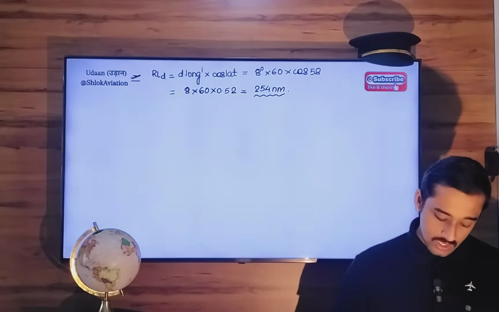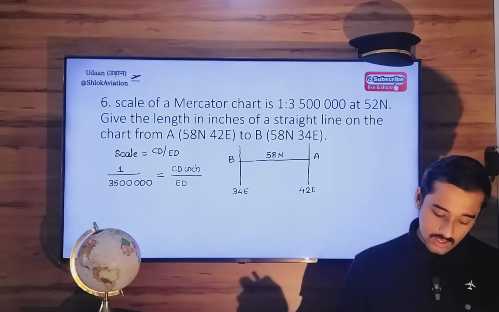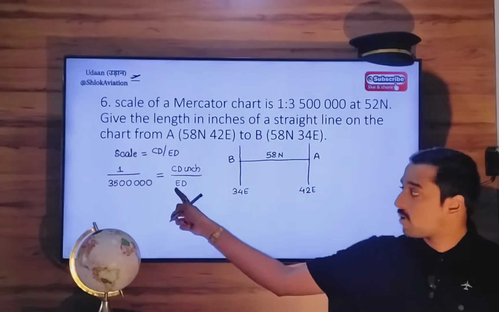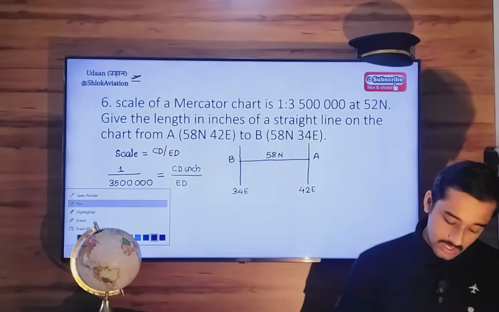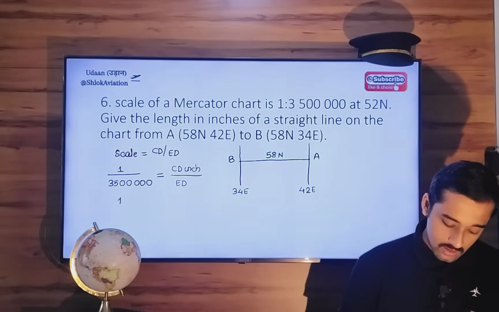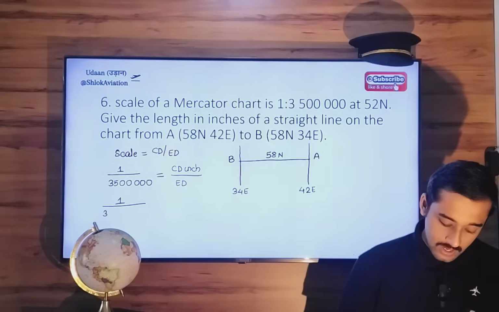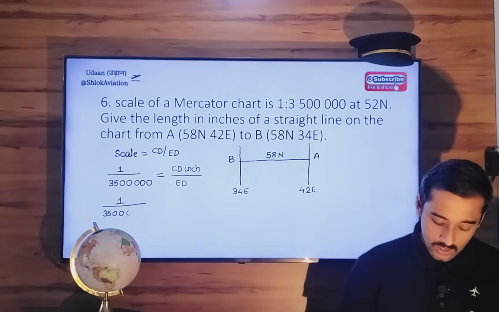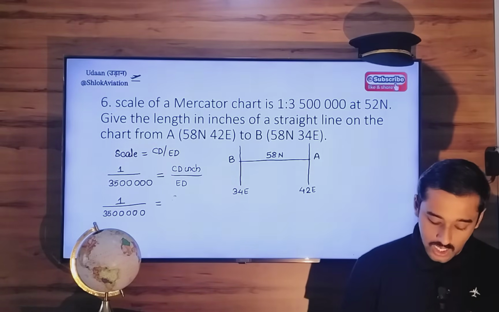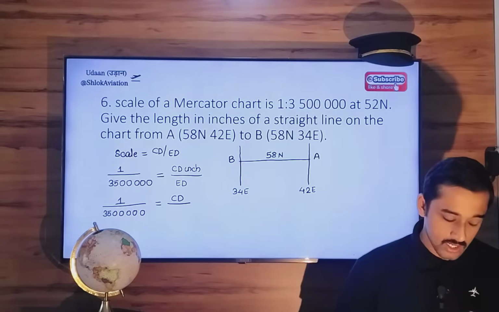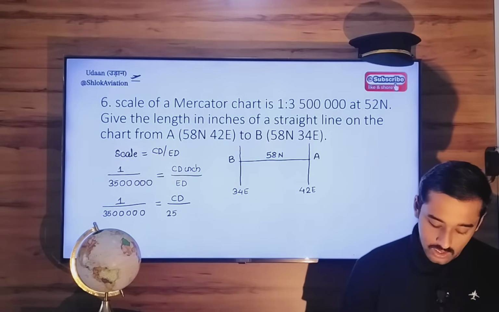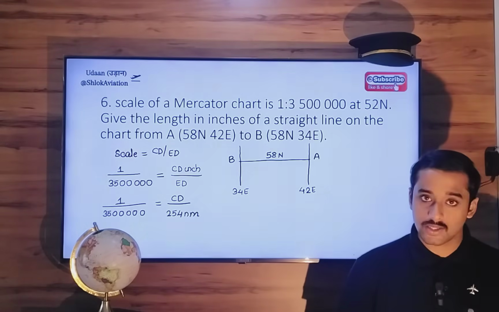That is rumline distance. Okay, so let's substitute this value in the formula here. 1 divided by 3500,123 equals chart distance in inches divided by earth distance of 254 nautical miles.